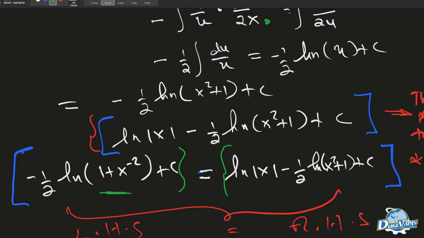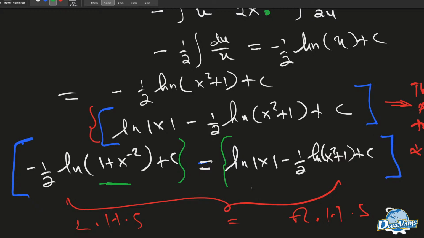And in the partial fraction method, we had natural log of absolute value of x minus half natural log of x squared plus 1, plus c.